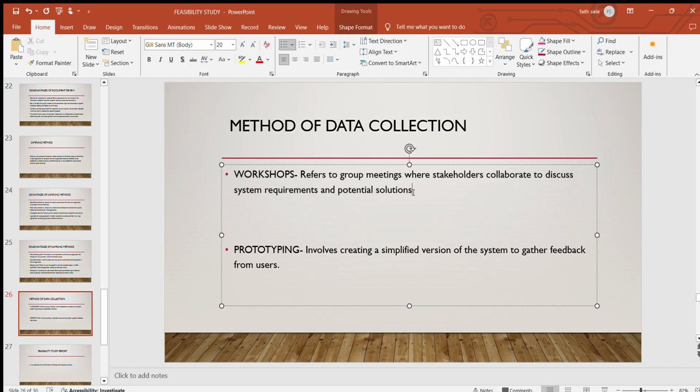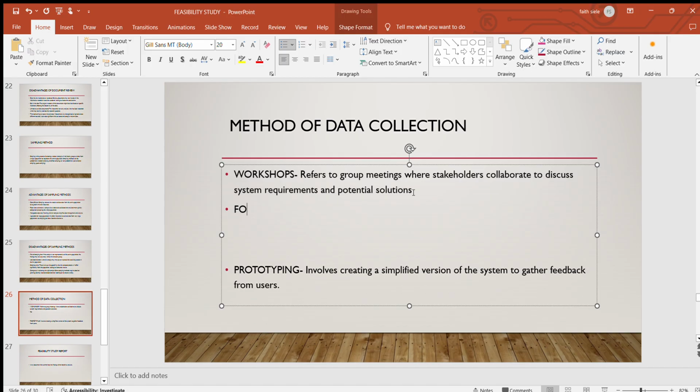When we talk about focus groups, it involves facilitating group discussions with key individuals to gain insights and even perspectives.